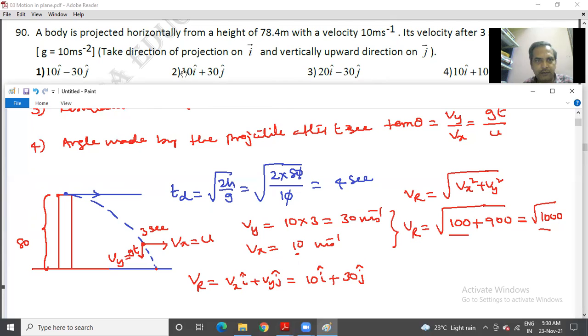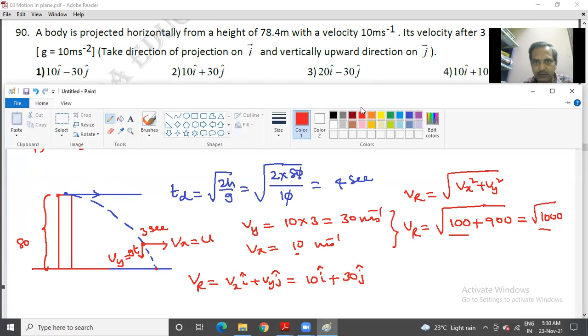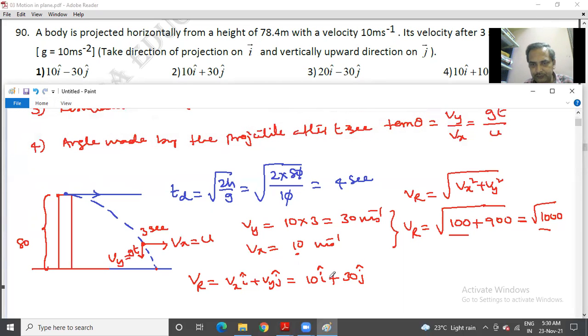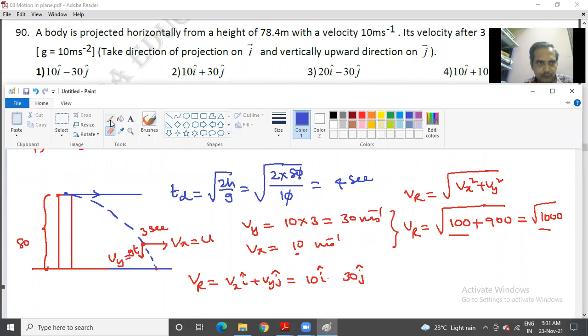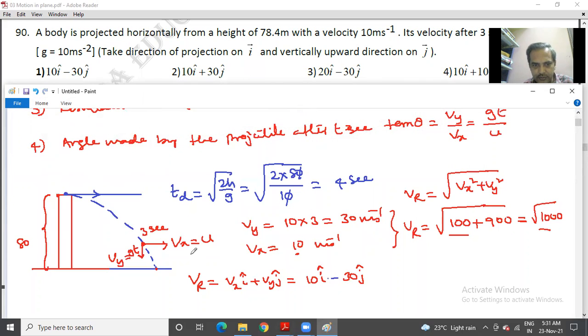So therefore, the second option is correct. Since y is downwards, this will be negative. Since Vy is downwards, this will be V. This is theta.